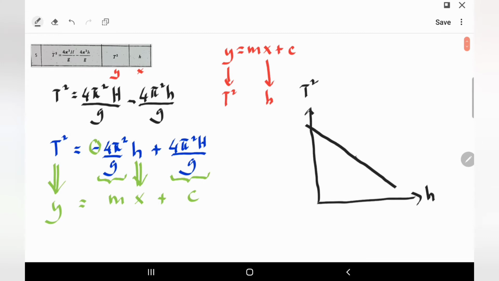The y-intercept now is 4 pi squared h over g, and this is our gradient, m. So m now equals to negative 4 pi squared h. Sorry, it's no more h. h is the x-axis. So over g.